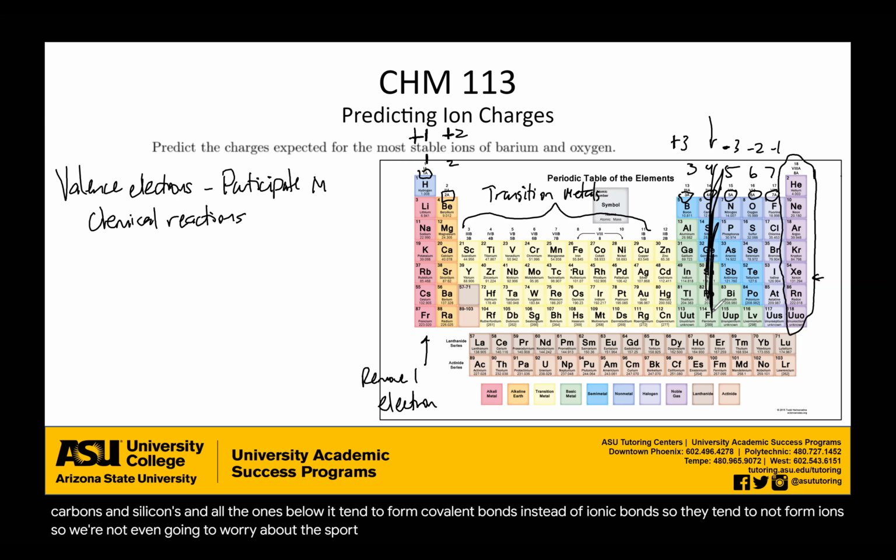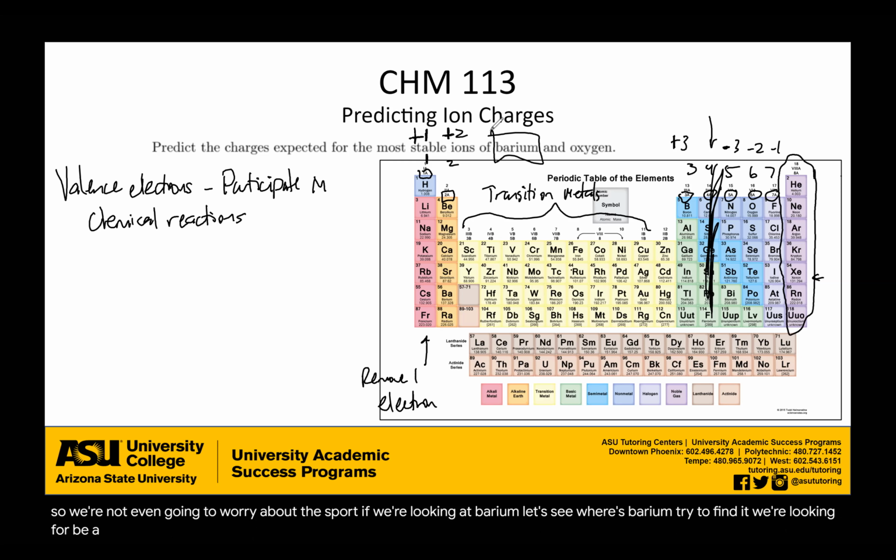Okay, if we're looking at barium, where's barium? We're looking for Ba. Barium is right down here. What column is it in? It's in the 2A column.